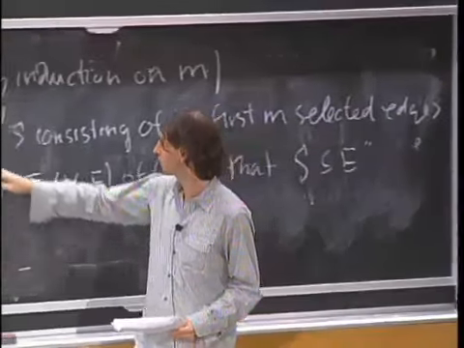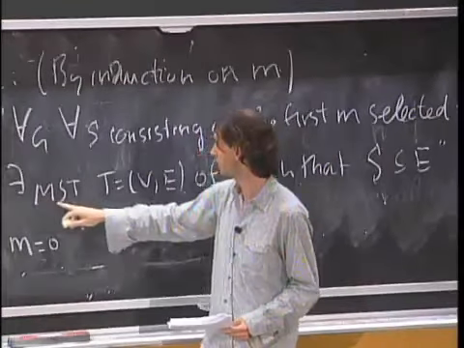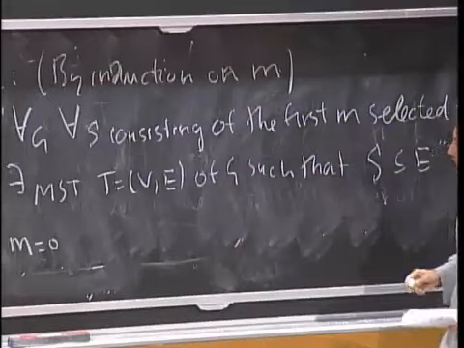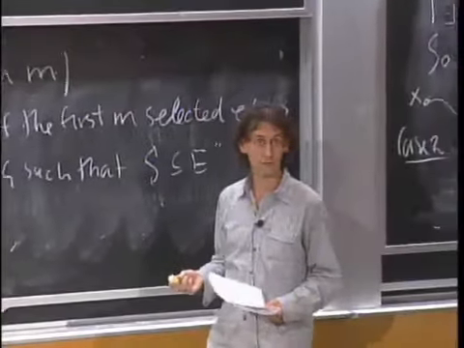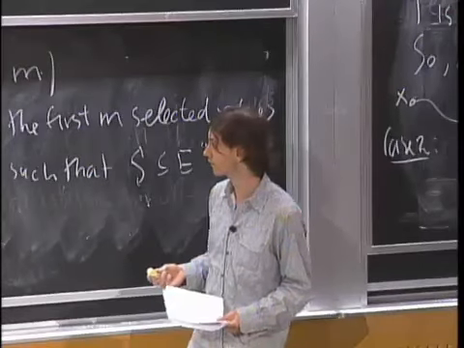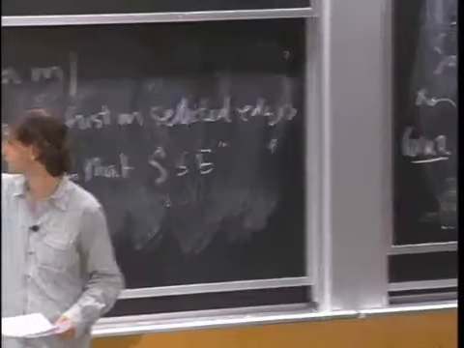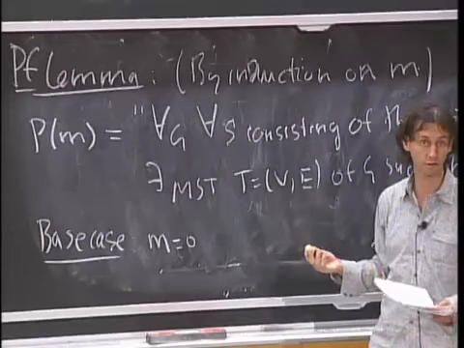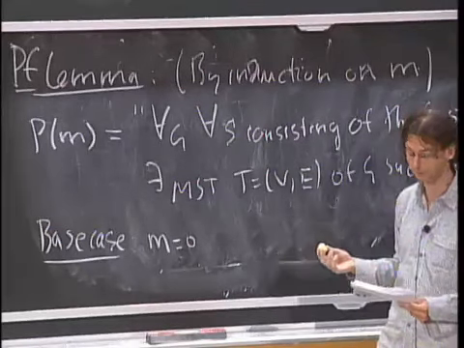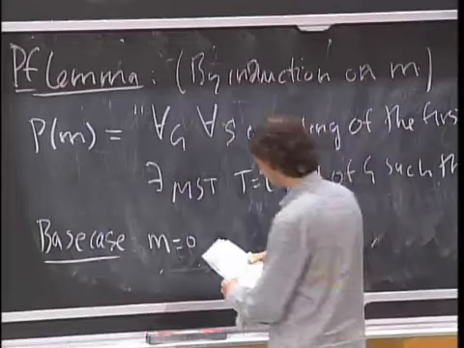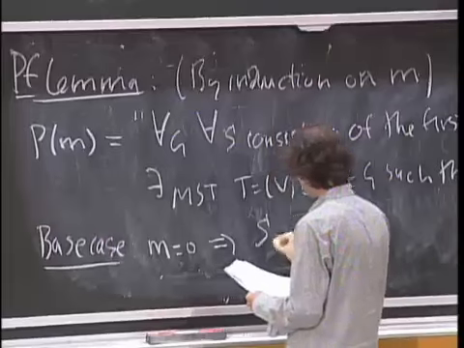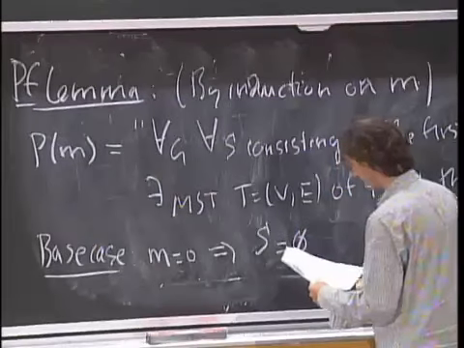So that's no problem. So what I need to prove is that for all G, there exists a minimum spanning tree of G. And this is where our previous theorem comes in, because we showed that for all graphs G, there exists a spanning tree, and if there exists a spanning tree, there also exists a minimum weight spanning tree. So that's the base case. So m equals 0 implies that S is equal to the empty set.